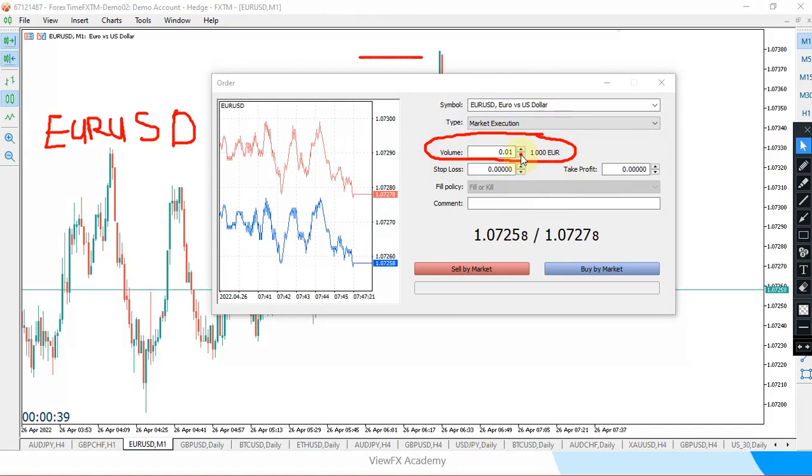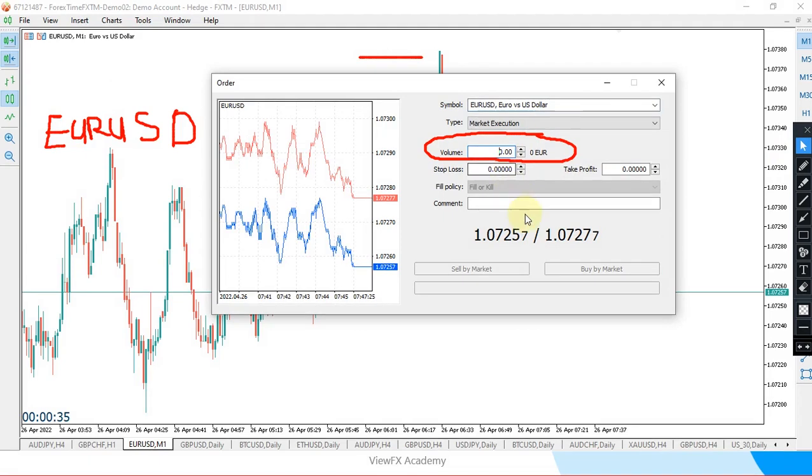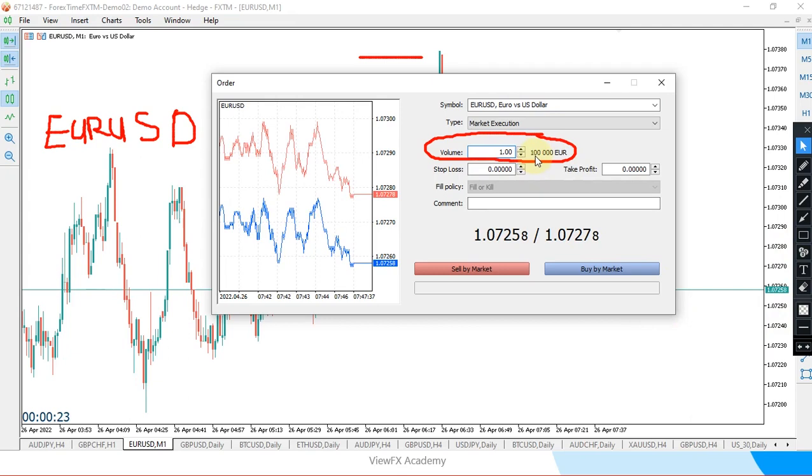When I drop it down, standard lot means 1.00. That is the standard lot we are talking about. And you can see it has 100,000 of the base currency. The base currency here is euro.